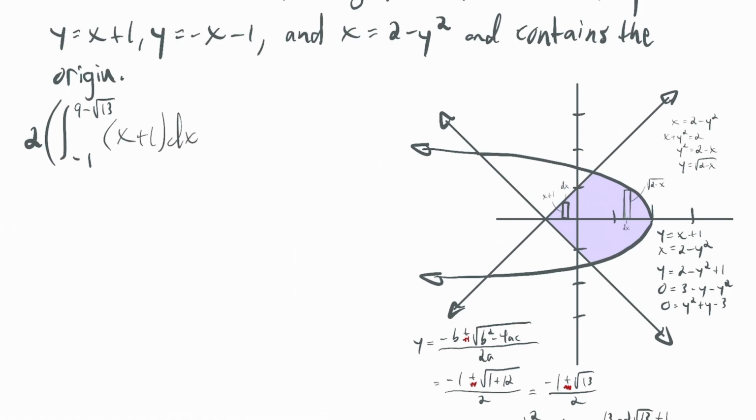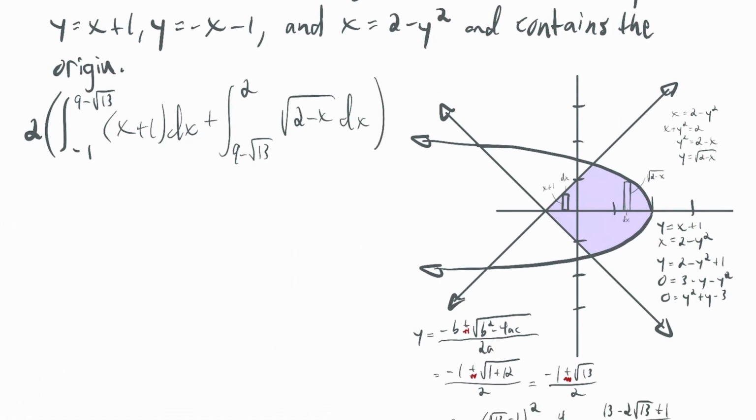So that's, again, my top function, x plus 1 dx, plus the integral from 9 minus root 13, because the switch from one function to the other is at the same place, to 2 of the square root of 2 minus x dx. I switched stylus sizes there, that's okay.